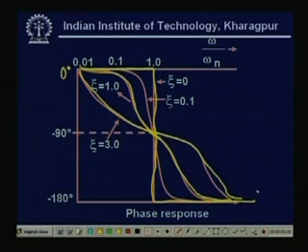And interestingly, you see, for this is omega equal to omega n, it does not matter what the value of xi is, it will always pass through minus 90 degree at omega equal to omega n. It is more clear if I go back to our, sorry.